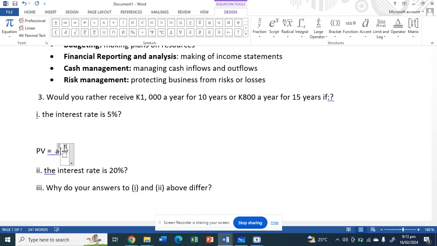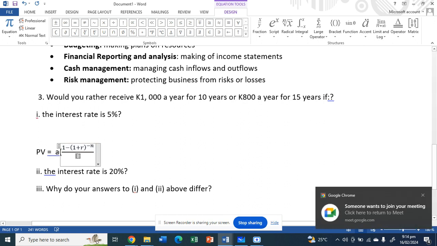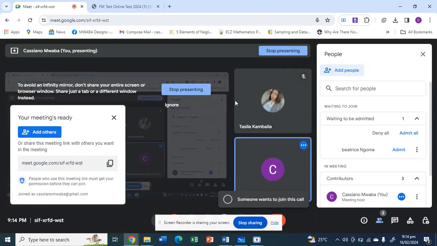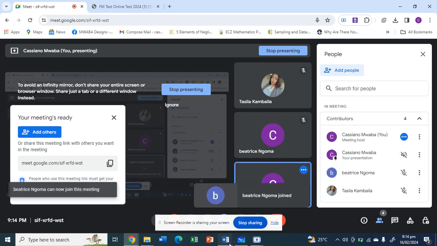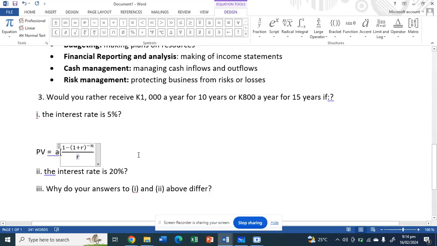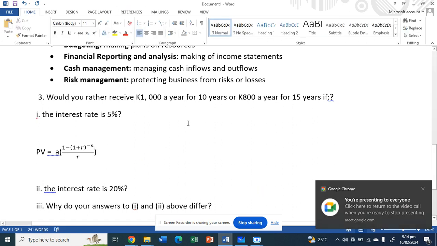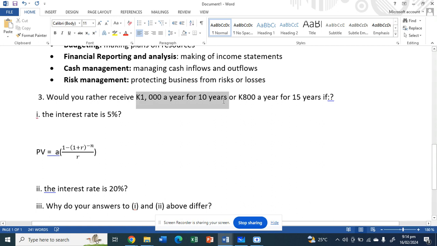So, A times 1 minus open brackets 1 plus r to the power negative n, over r. Okay, so we start with the 1,000 a year for 10 years.